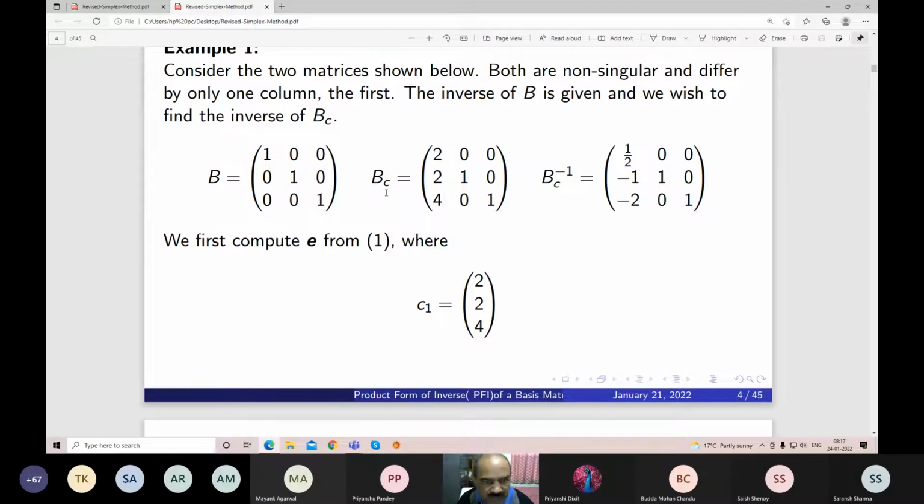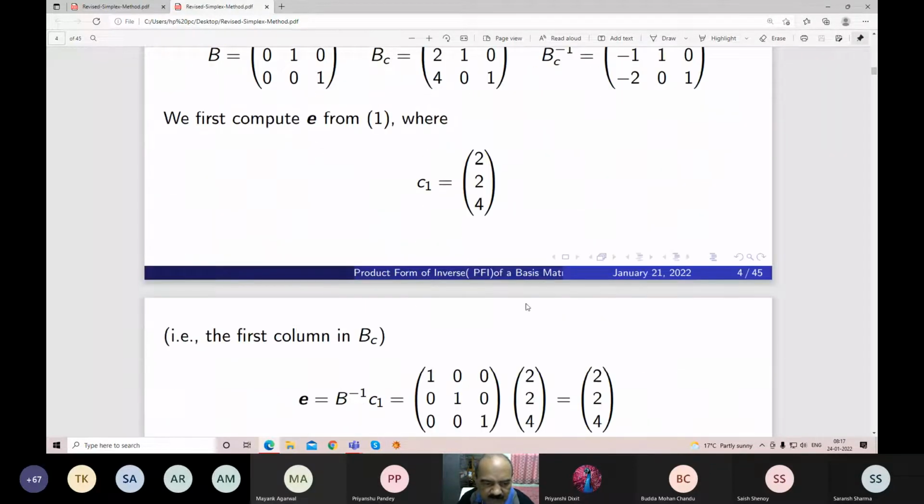But BC is not an identity matrix. BC is a different matrix. Only the first column is different. So we find C1, the first column, the elements are 2, 2, 4. With respect to C1, we'll find eta or eta1.